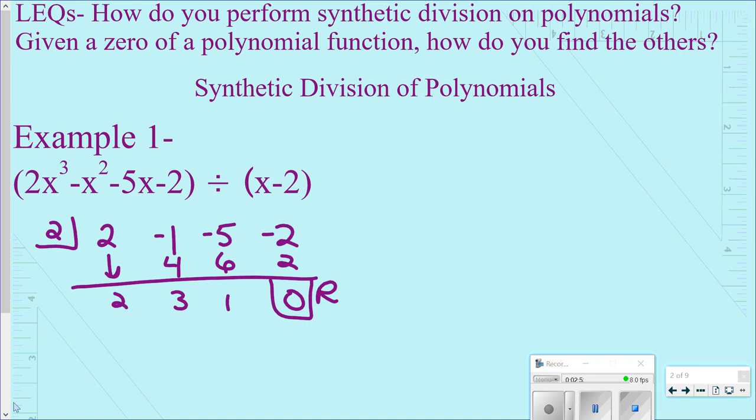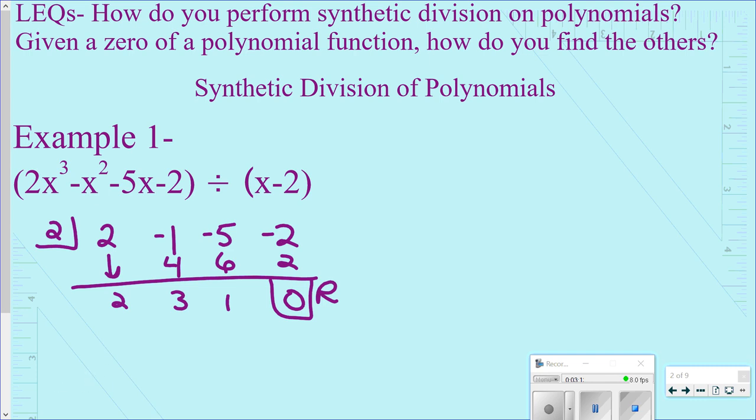Now, we started by dividing 2x cubed by x. And so what happens when you're using synthetic division is the degree will always go down by 1 every time you run through synthetic division. So we've just run through synthetic division one time, meaning this cubic now will have a quadratic quotient.